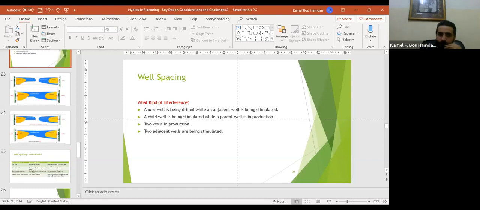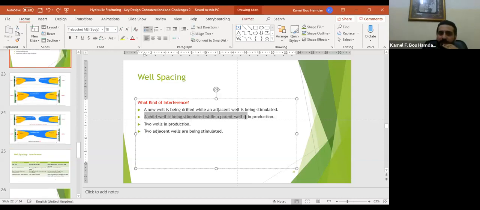Okay, so talking about this case where we have a child well being stimulated and a parent well in production. If you have a well which is in production, the pore pressure inside the fracture is going to decrease. So we have a lower pore pressure in the fracture compared to the original rock or the nearby rocks.